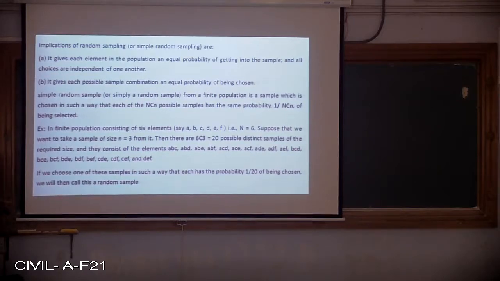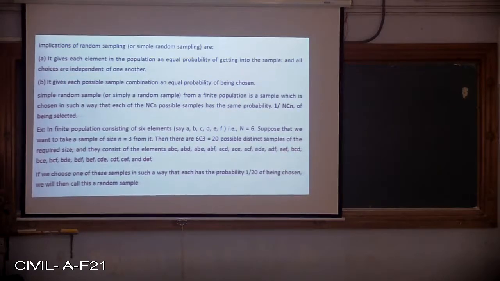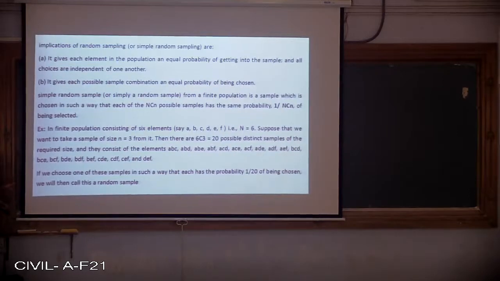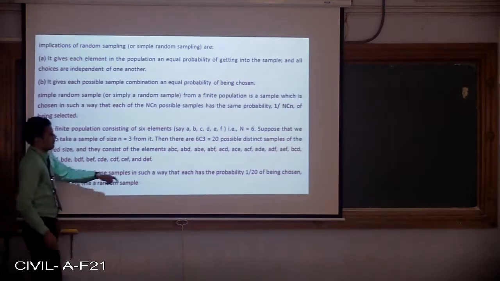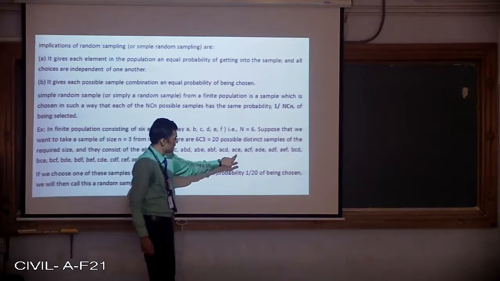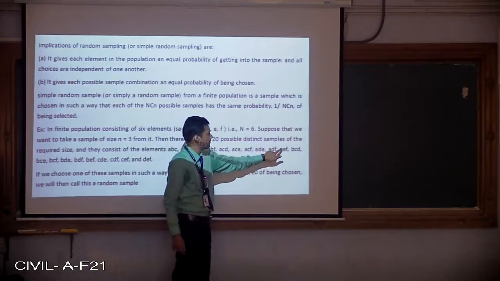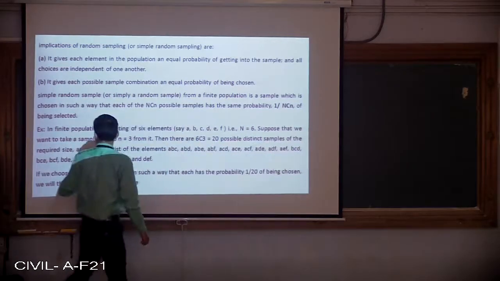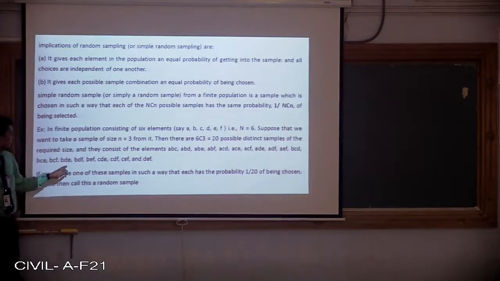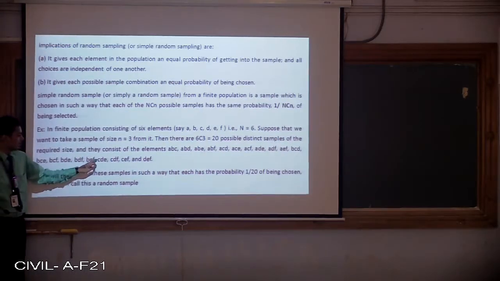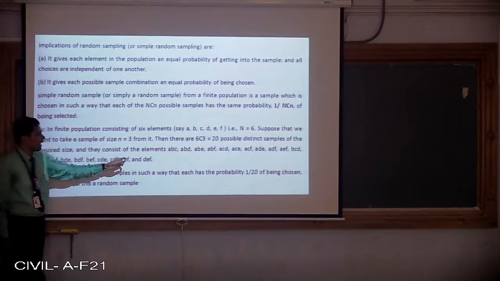How many combinations can you make? 20 possible distinct samples of the required size can be made. You can have ABC, ABD, ABE, ABF, ACD, ACE, ACF, ADE, ADF, AEF, BCD, BCE, BCF, BDE, BDF, BEF, CDE, CDF, CEF and DEF.